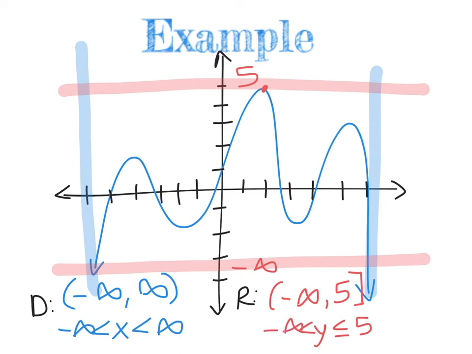Okay, so let's recap a little bit. Let's put all of this together. Let's call this a review. So, to review this whole thing that we spoke about, the domain of any polynomial will always be from negative infinity to positive infinity. So let's put this in blue.